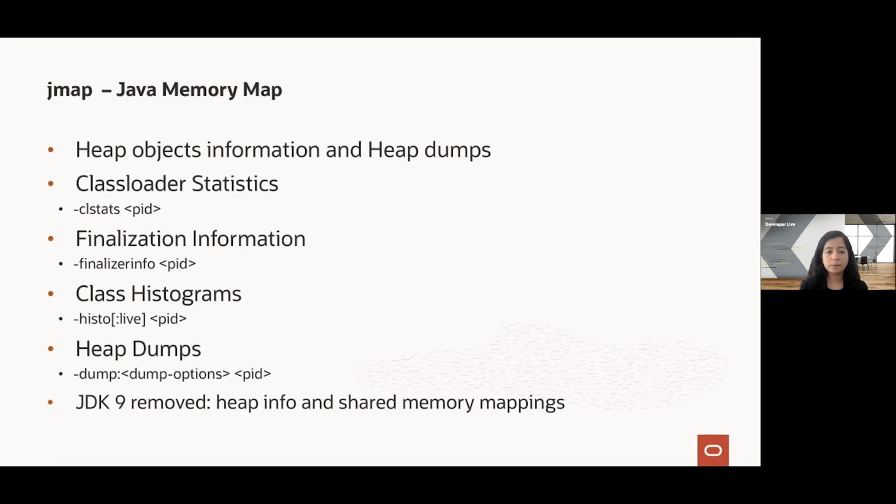For example, -clstats can show us class loader statistics, all the class loaders available in a running application, and the classes loaded by that particular class loader. Finalization information can be printed using the -finalizerinfo option. It's helpful in creating class histograms using the -histo option, and jmap can create heap dumps.